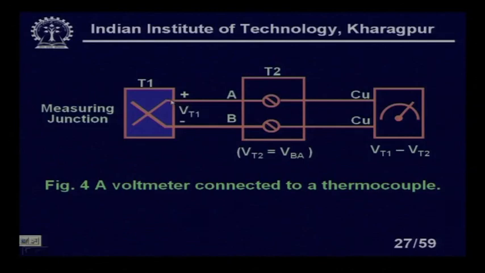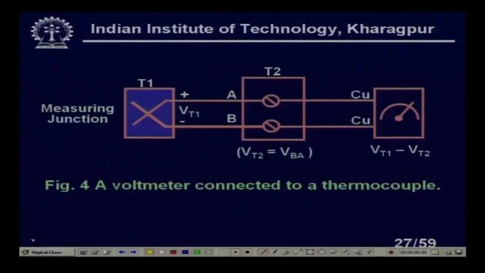You see here, I have a thermocouple with material A. This is metal, I mean alloy A, and this is alloy B. This is a measuring junction. Usually the connecting wires are made of copper. Between metal A and copper there is one junction, and this is another junction.